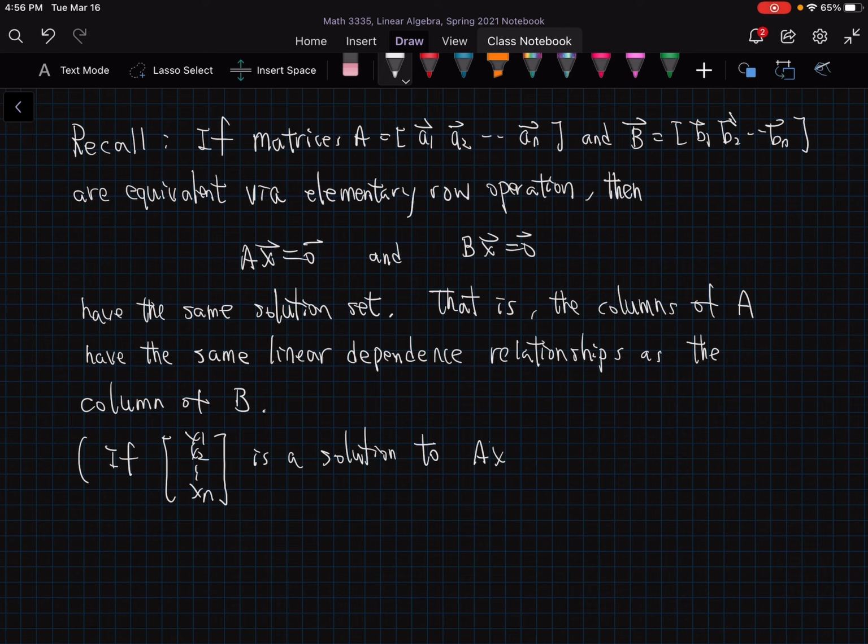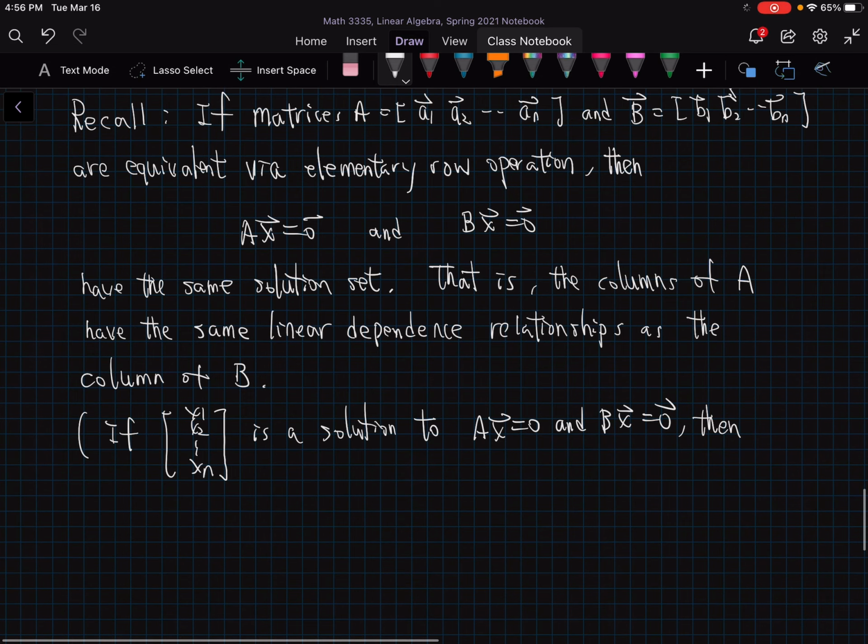both AX equal to 0 and BX equal to 0, because A and B are equivalent, so they have the same solutions, then that's the same as saying x1 A1 plus x2 A2 to xn A sub n equal to 0.